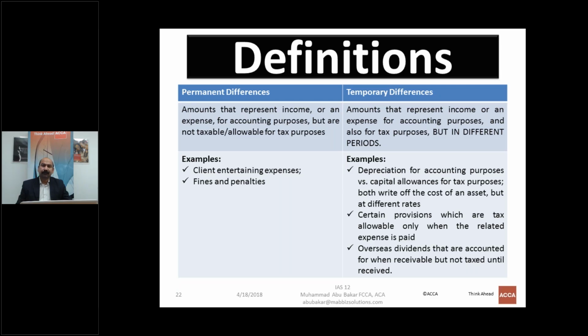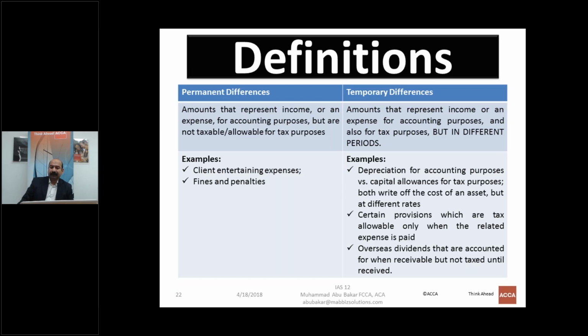Temporary differences, we saw at length the example of depreciation. If depreciation is being allowed at a different rate than the accounting rate, then of course this will create a temporary difference.